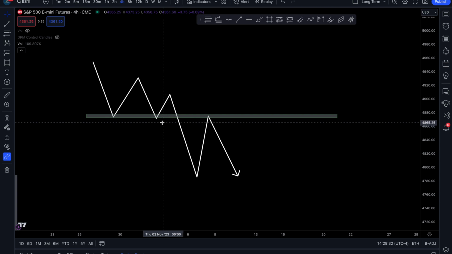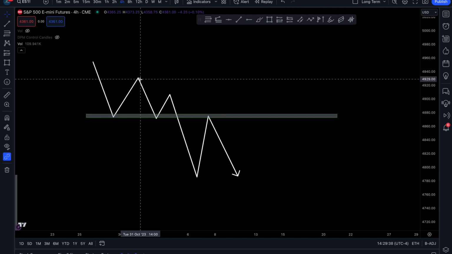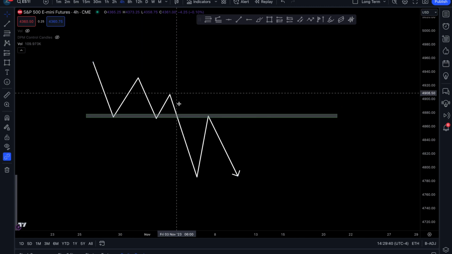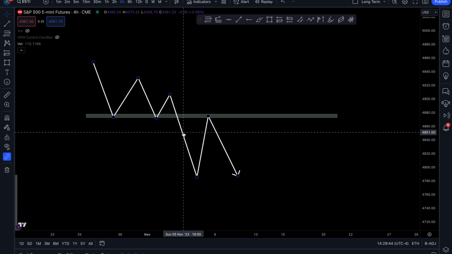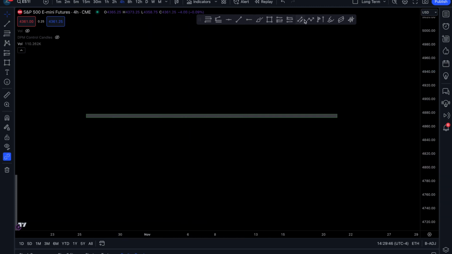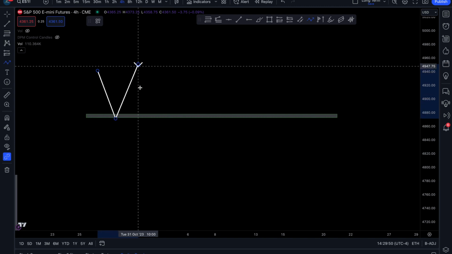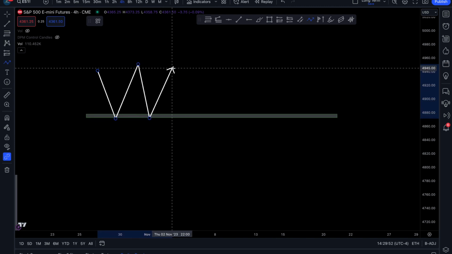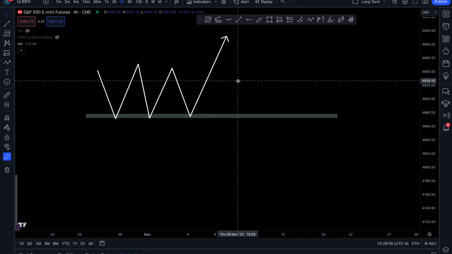And very commonly with support and resistance bounce plays, you will have a reaction on either side of the level. What rarely happens, let me get rid of this for a second, what rarely happens would be that we've had one reaction, two reactions, and then I take the third from the same side.